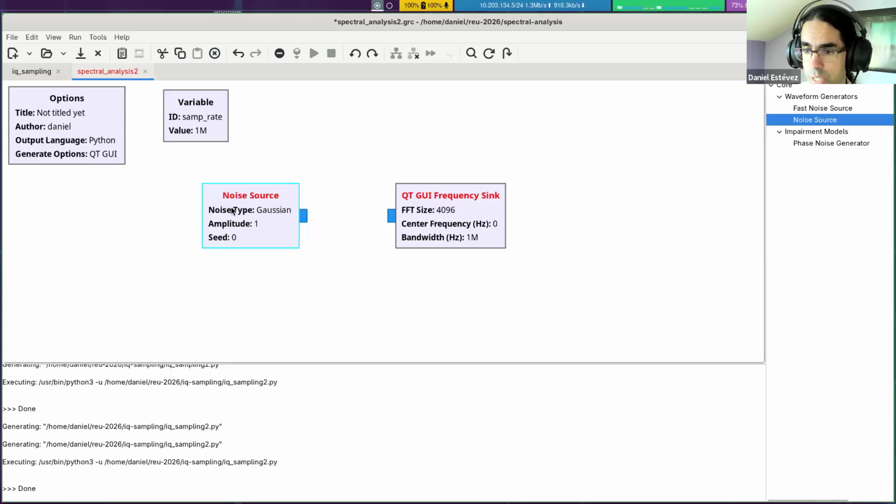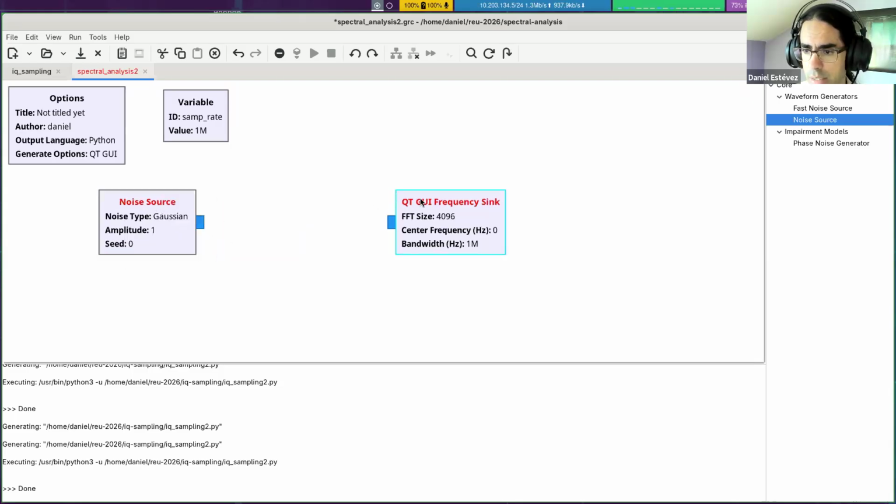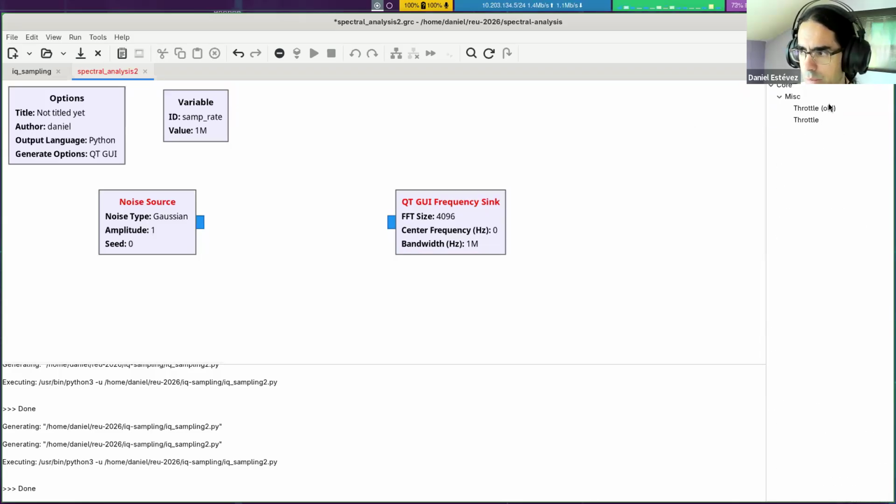There is noise in the electronics, there is noise in the environment in which the antenna is. Having some noise is inevitable. So it is important to know how to generate noise. And that will be my first example.